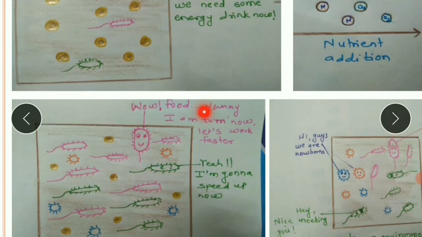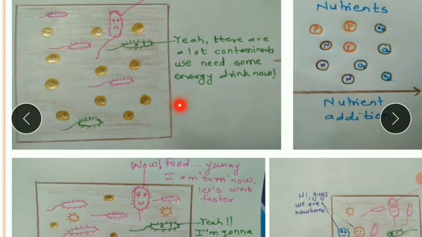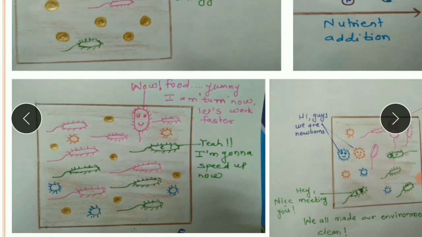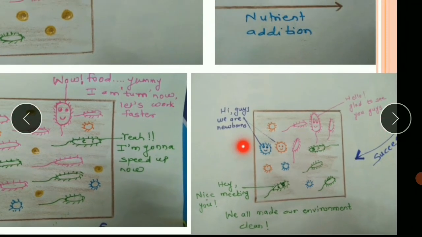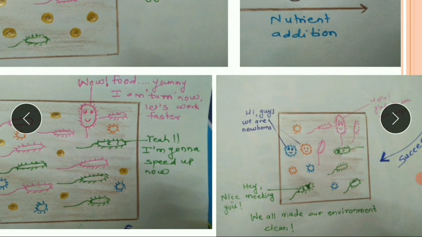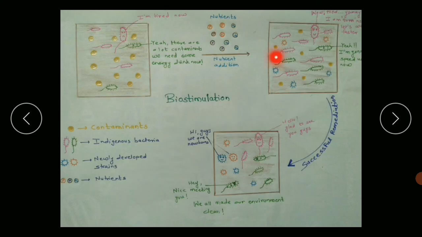Comparatively from the first picture, in the third picture you see fewer contaminants, because they have been utilized by bacteria. In the fourth picture there are no contaminants present because they have been utilized by these bacteria, and they have made this environment clean. So this is the whole story.